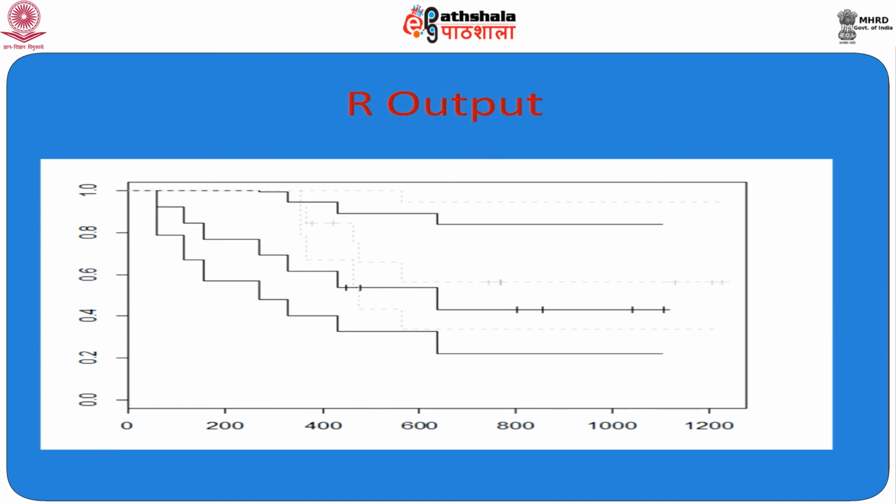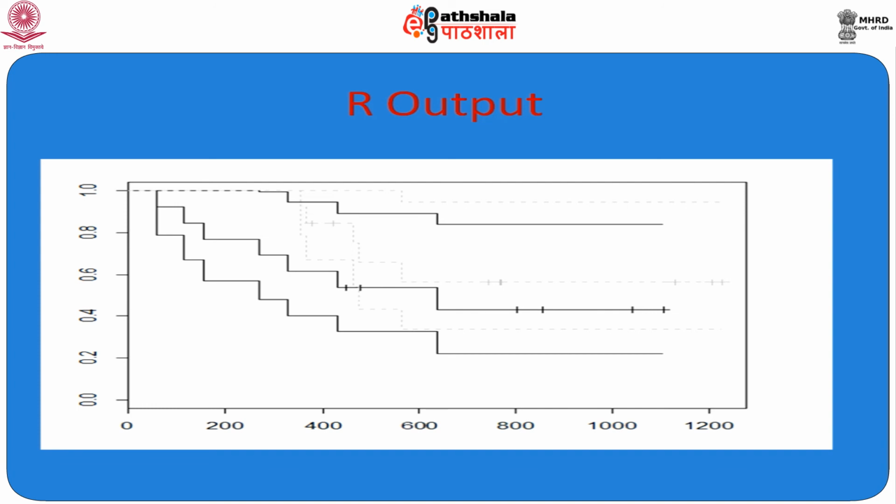The first group is shown in black color, and the second group in gray color, and you can see that there is some difference in both the arms. The black line is quite lower than the gray line.